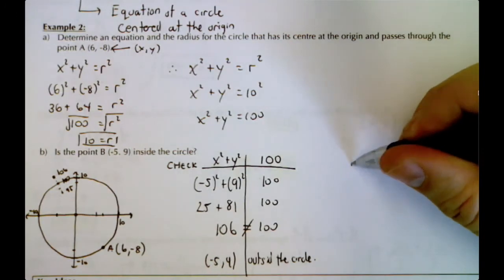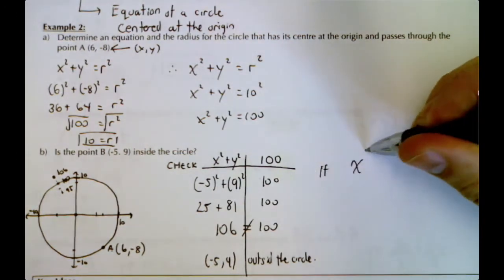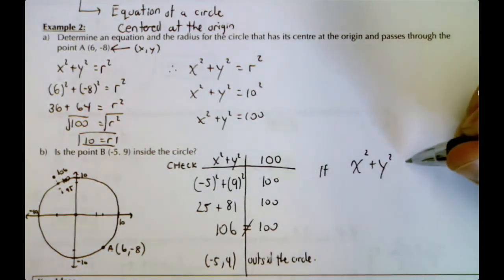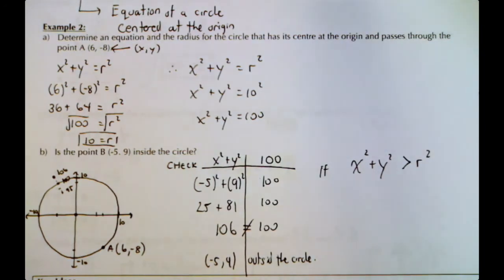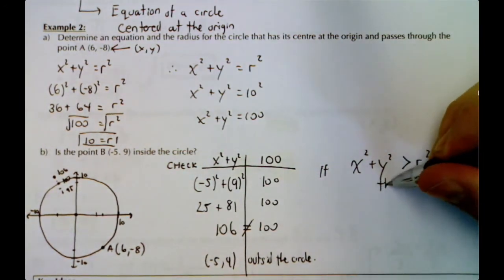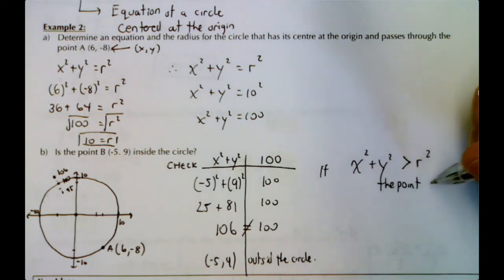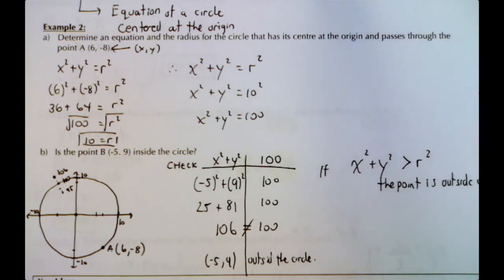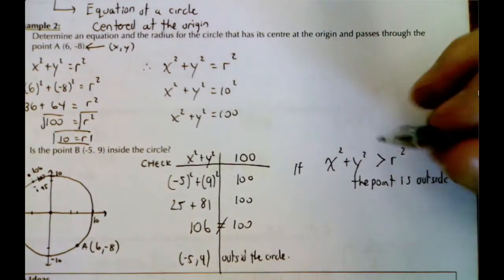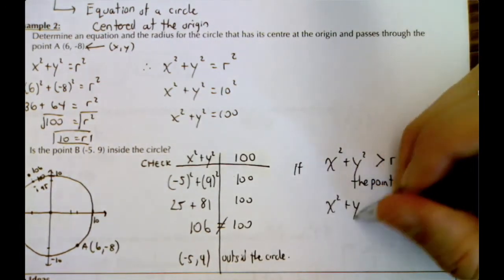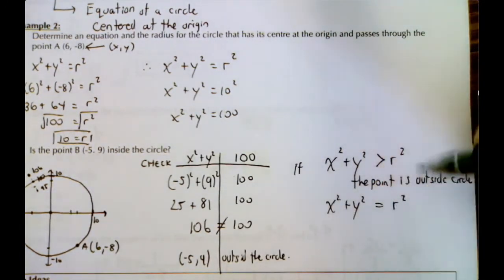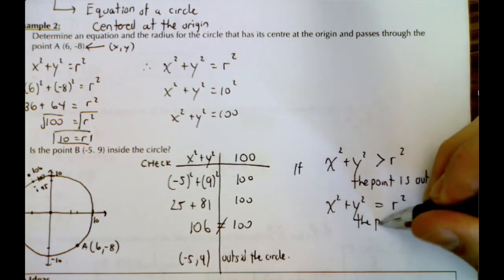And here's your check. If x squared plus y squared is greater than r squared, the point is outside the circle, which is what we have. We have a point outside the circle. If x squared plus y squared is equal to r squared, the point is on the circle.